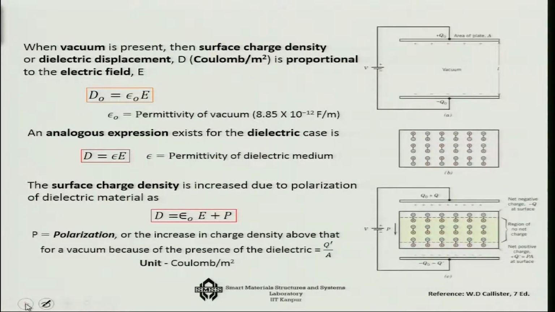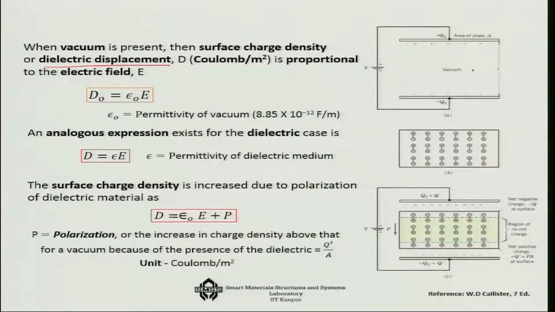Now we are talking about quantification of the dielectric field. When vacuum is present, the surface charge density or dielectric displacement, which we call D, is proportional to the electric field.